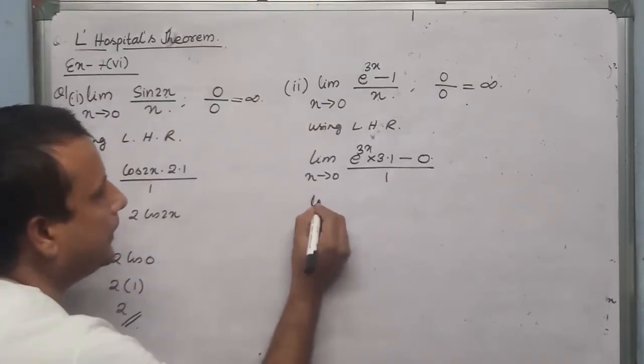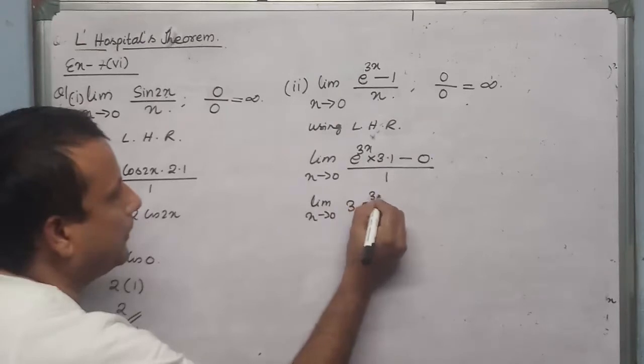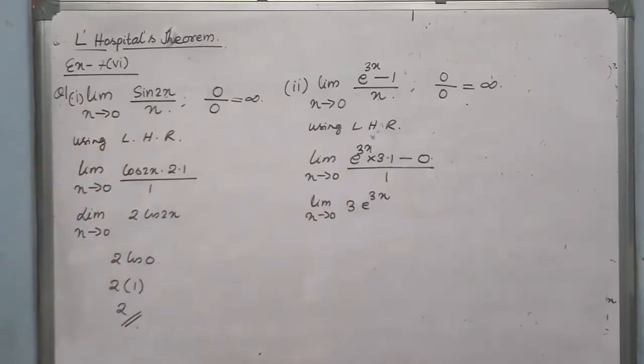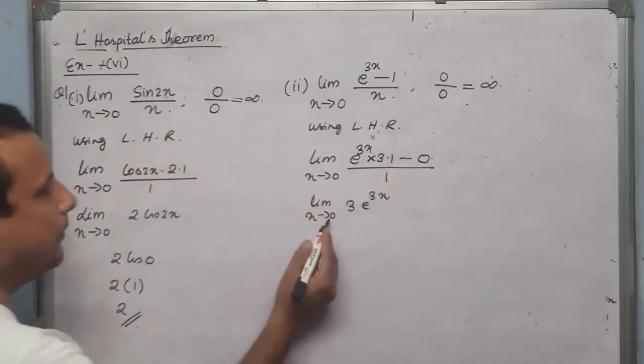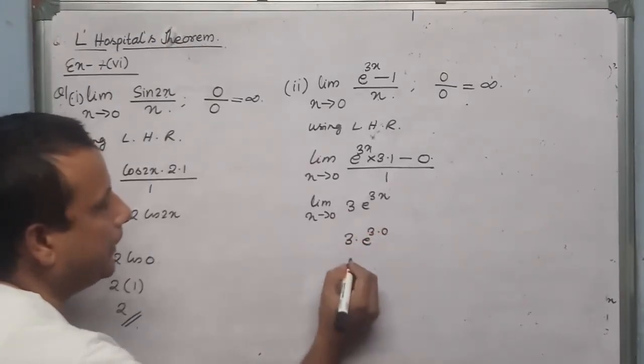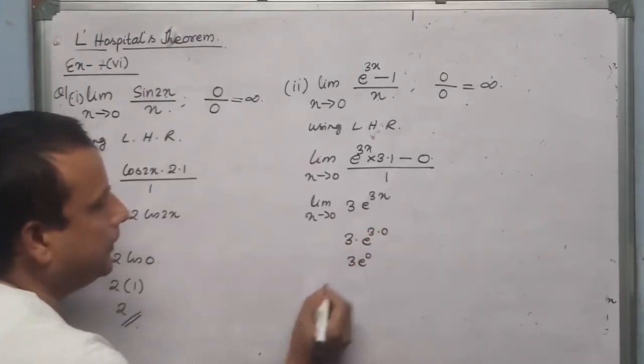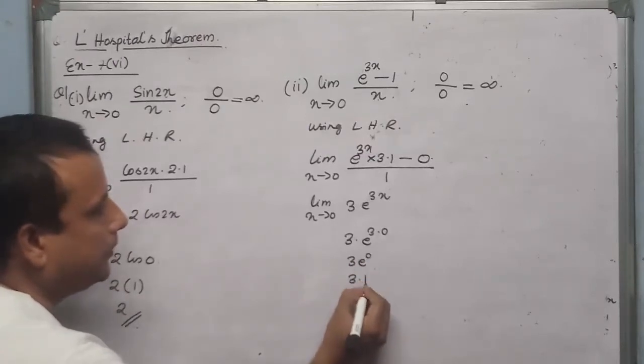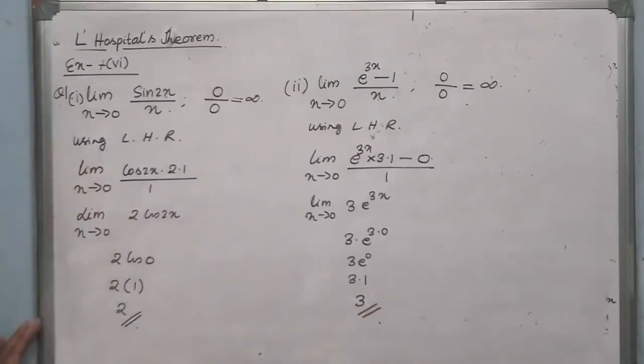Now we have limit x tends to 0, 3 into e to the power 3x. Again after the derivative, I'll substitute the limit: 3 into e to the power 3 into 0, that is 3 e to the power 0. Anything to the power 0 is 1. It is 3. The answer is 3, a finite answer.